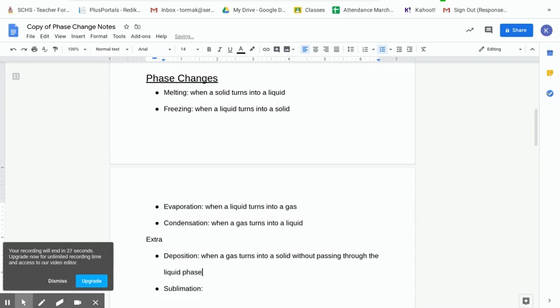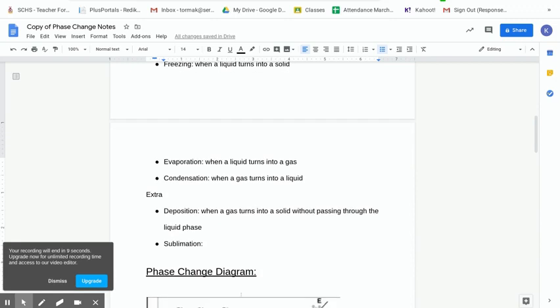It goes straight from a gas into a solid without going through the liquid phase. It turns automatically, and that is due to a quick change of temperature or pressure.